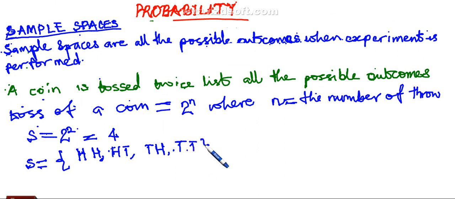So we see that we've got as many as 4 different outcomes if a coin is tossed twice. This means that the total number of sample space S is equal to 4 because the coin is tossed twice.